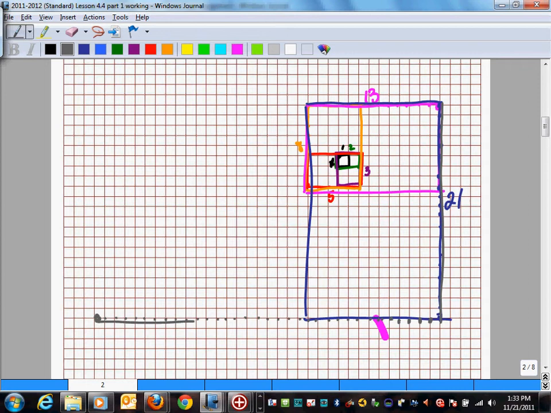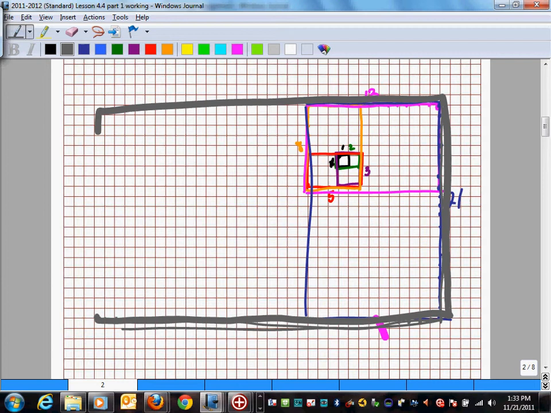Alrighty, guys. Here's 34. No, that's as far as we're going.